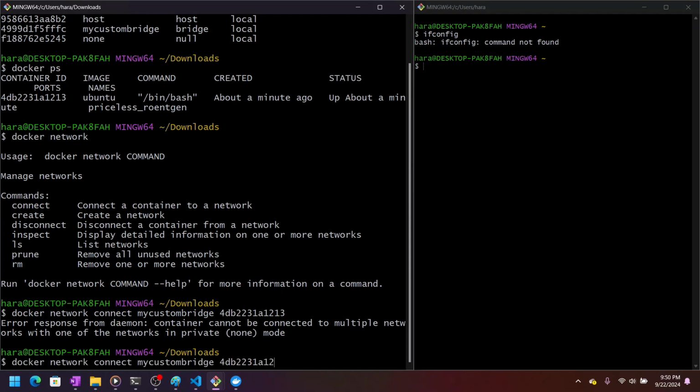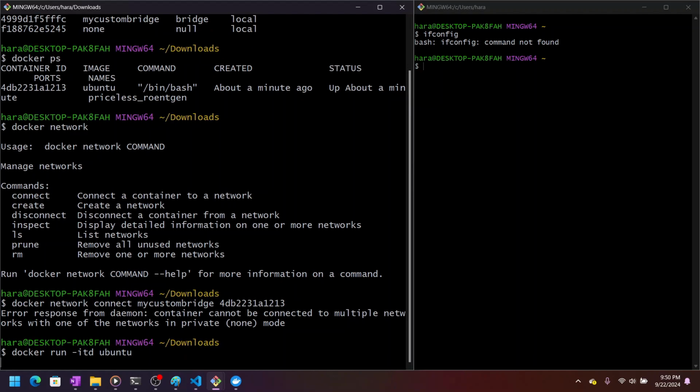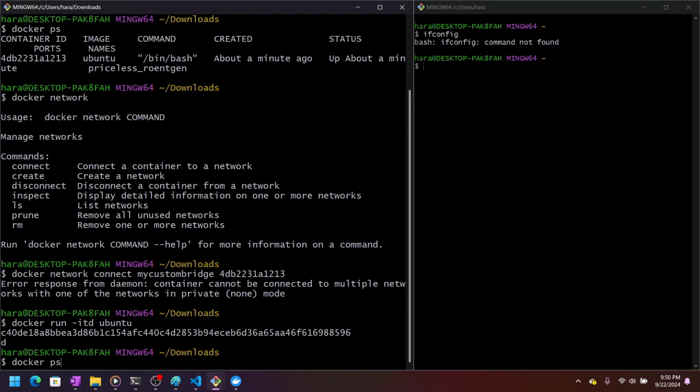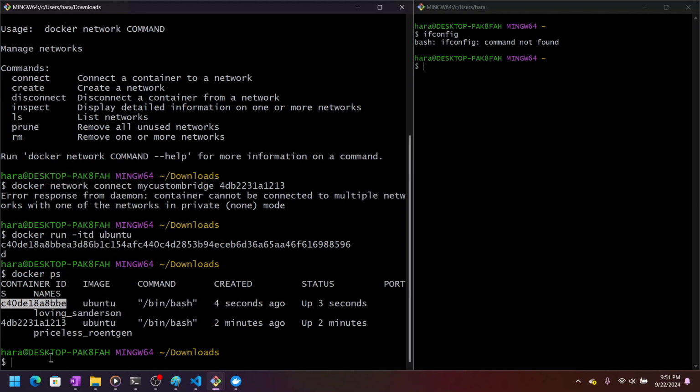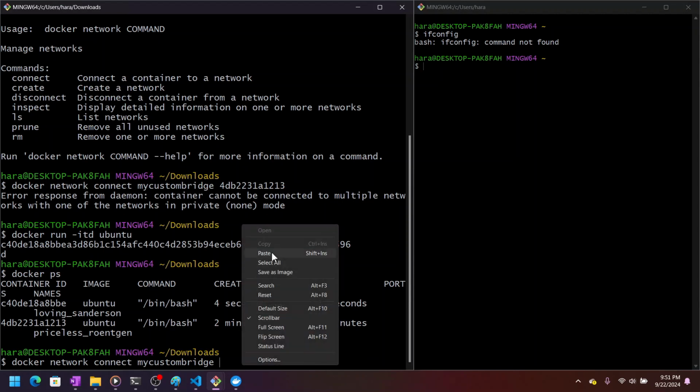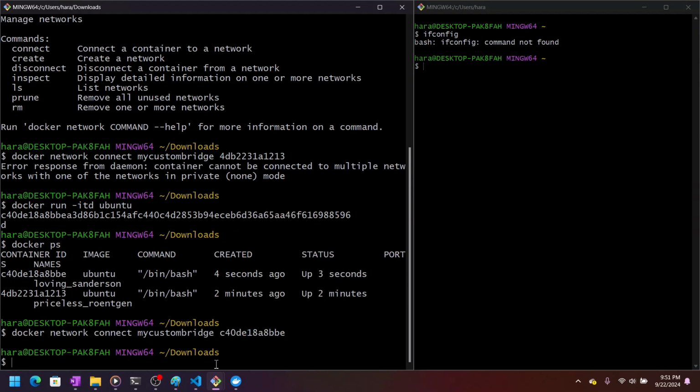So I cannot connect it, because that container was none, so let's spin up another container. Docker run -itd ubuntu, docker ps. Yeah, let's connect to this one, my network bridge. You can see I've connected this one. So now let's inspect.